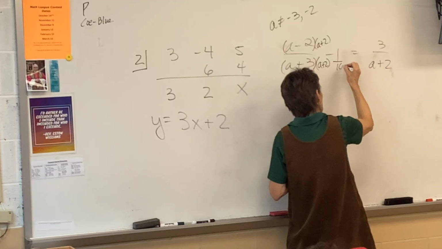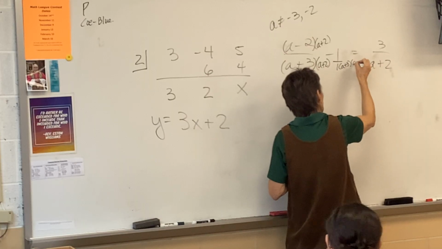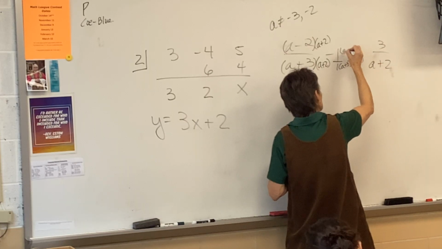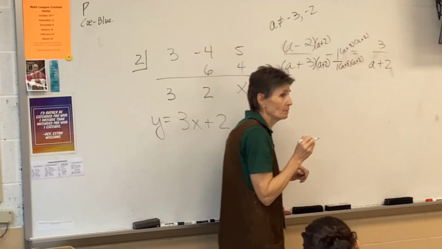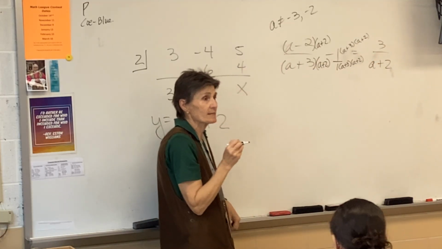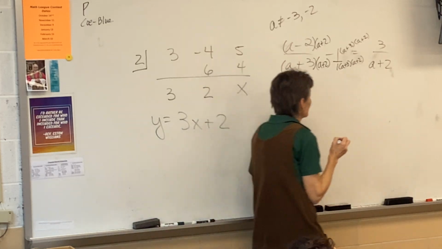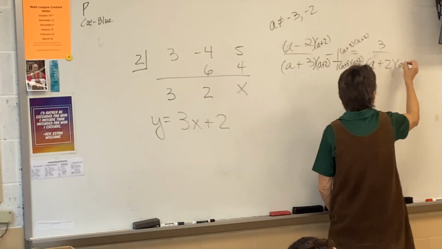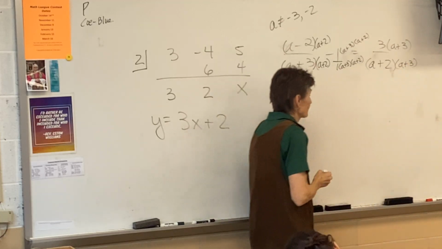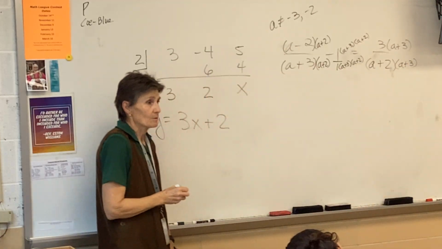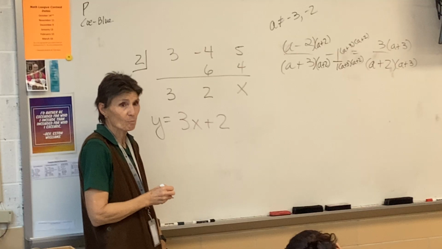And it's going to have to have a plus 3, a plus 2 also. Every piece of the problem has to have the same denominator. So this one will need an a plus 2. So how are you? Are you okay at this point?